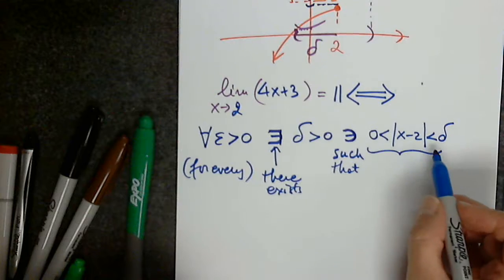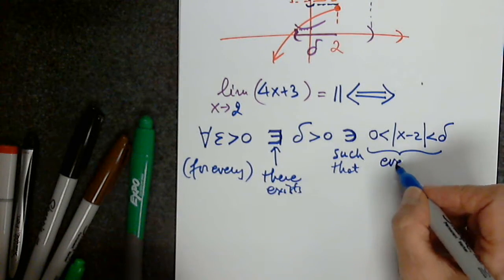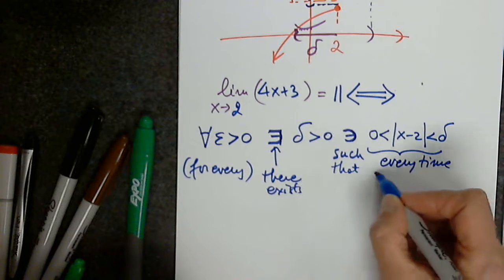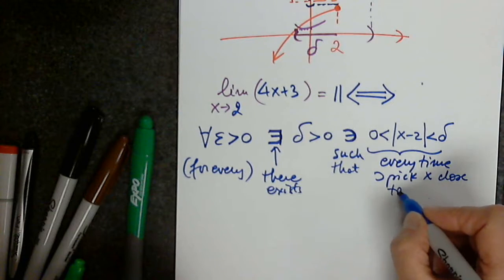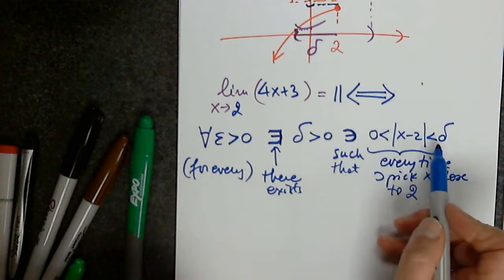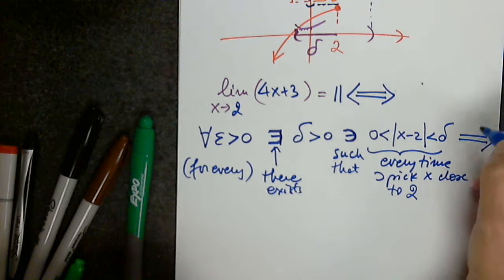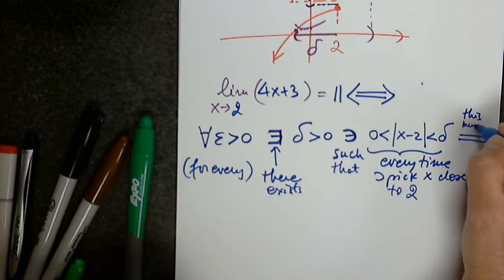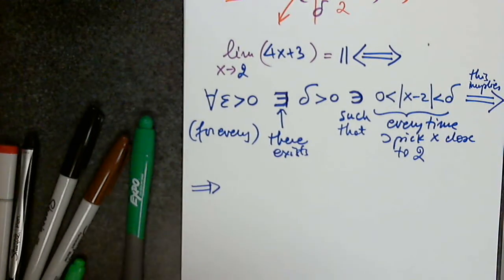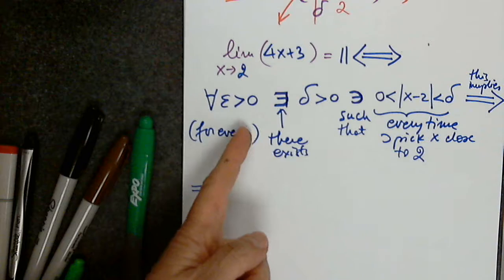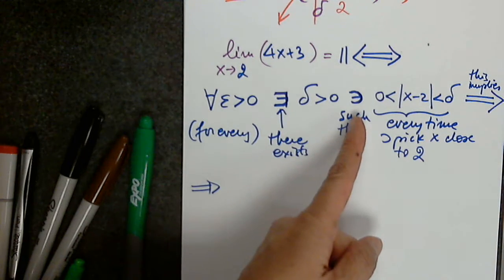Thank you. So let me write what this means. So such that every time I pick x close to 2, in other words, the distance is not more than delta, what will happen? This implies, what will happen? So I know that for every epsilon greater than 0, there exists a delta positive. I will find a delta positive such that what?